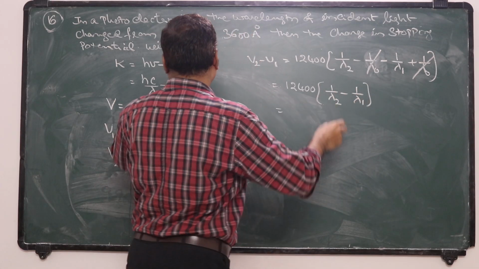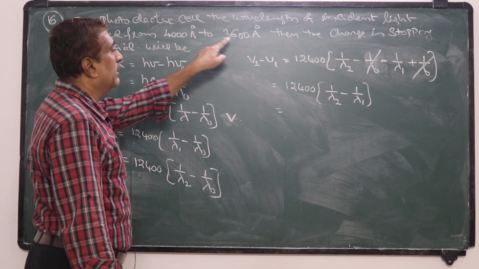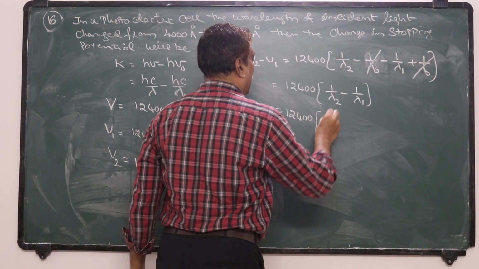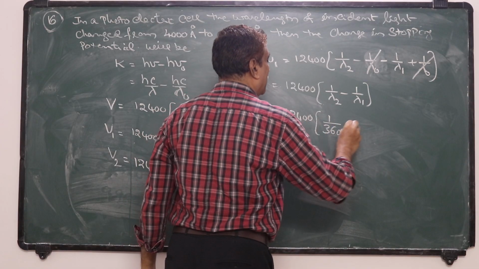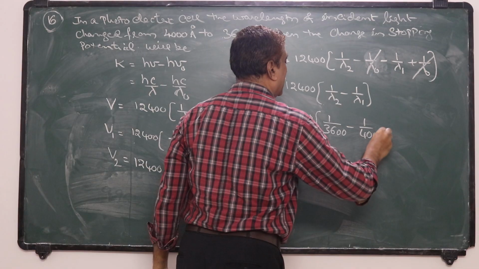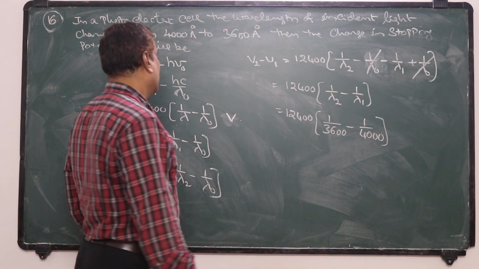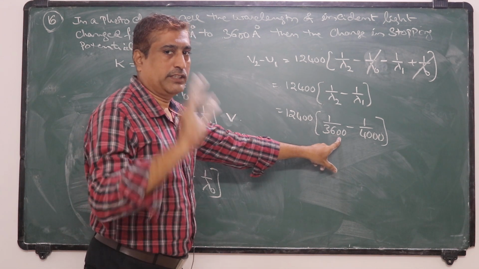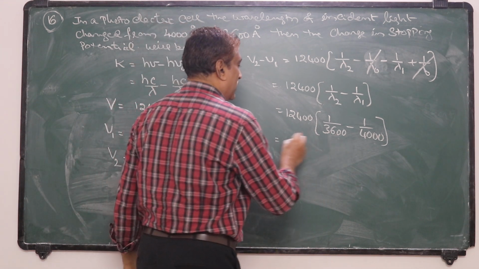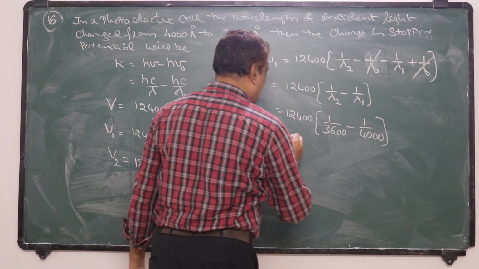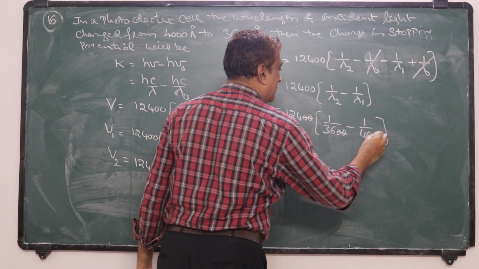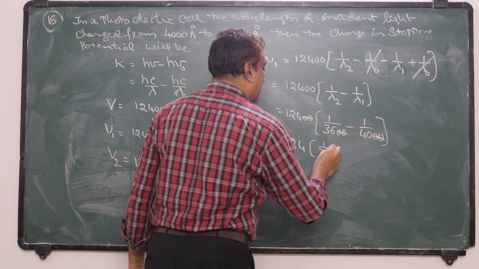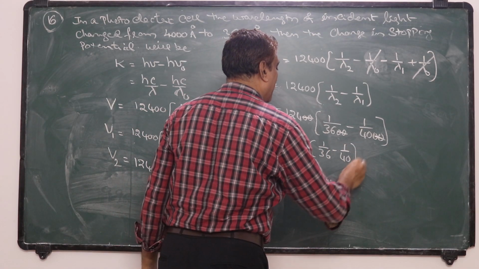From the problem given, lambda 1 is 4000, lambda 2 is 3600. So 12400 into 1 by 3600 minus 1 by 4000. When we write this 12400, the wavelength must be in Armstrong. You have to remember that. We can cancel out the two zeros, so this is 124 into 1 by 36 minus 1 by 40.